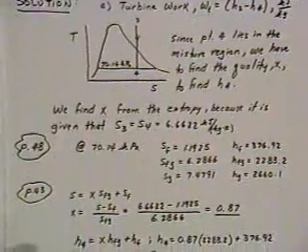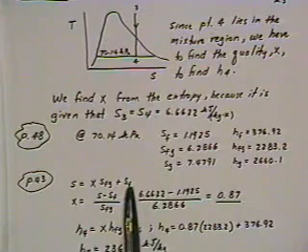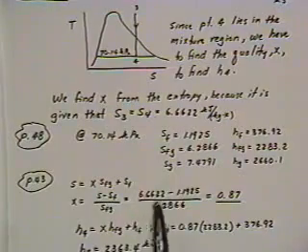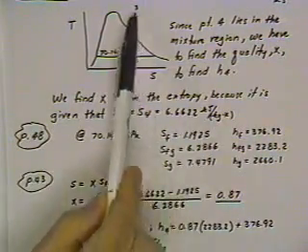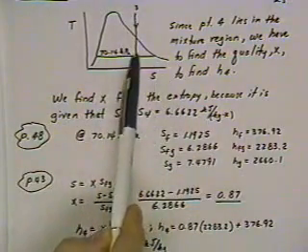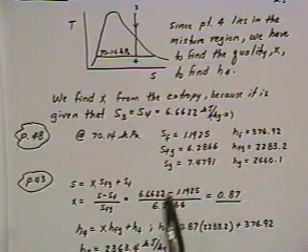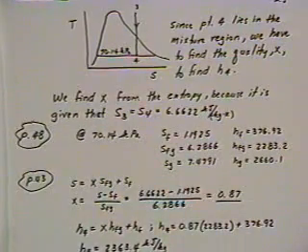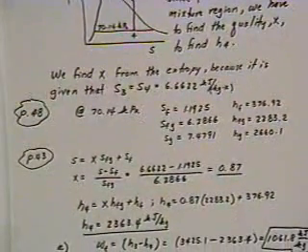So we can then solve for the entropy. S is equal to X times SFG plus SF, and when we plug in the numbers up here, our entropy is 6.6622. That's found from state 3. It's the same as it is at state 4 if we have an ideal expansion. And so we plug in these numbers and come up with a quality of 0.87. So the quality X is 0.87.